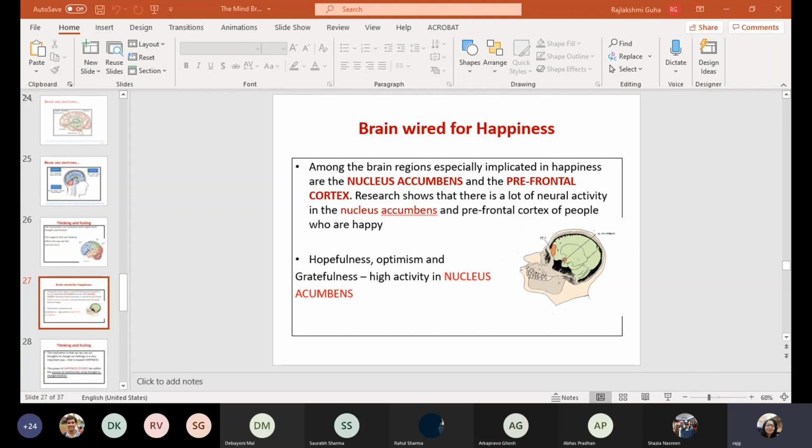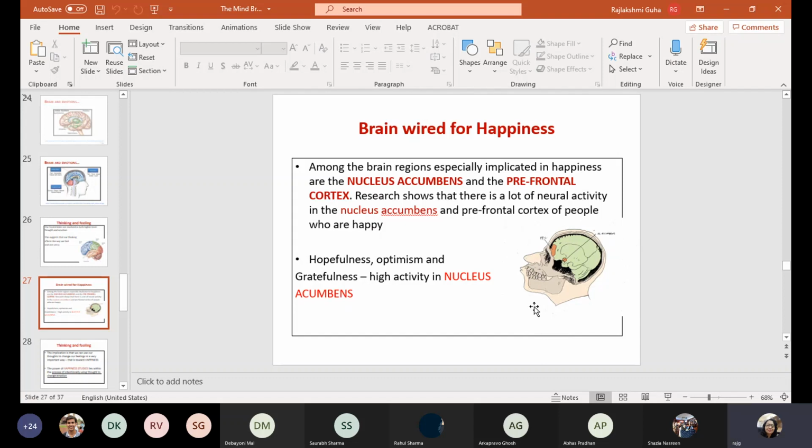So that's why when I say there is high activity in nucleus accumbens, we see that this area lights up when a person is feeling hopeful, optimistic, grateful, and also when the person is feeling happy.